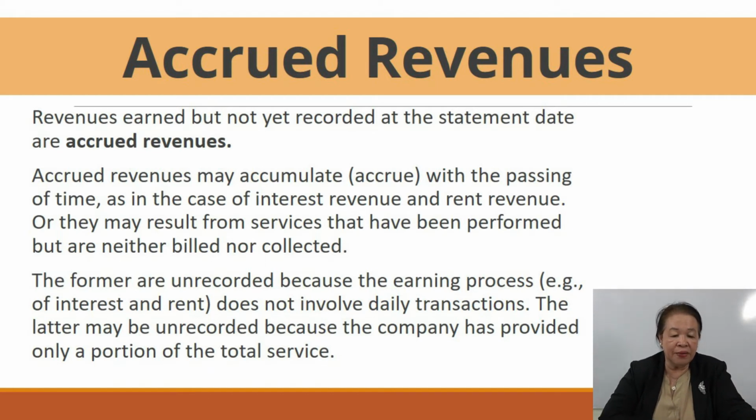So, accrued revenues may accumulate or accrue with the passing of time, as in the case of interest revenue and rent revenue. Ano tong interest revenue? Ito yung nagbayad na sa iyo in advance, pero nirecord mo pa siya na unearned kasi hindi mo pa siya na-earned. Pero habang nagpa-pass na yung time, unti-unti mo na siyang na-earn. So, dapat anong gagawin mo?